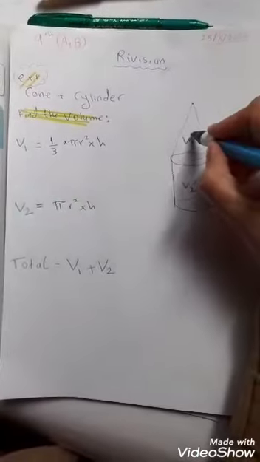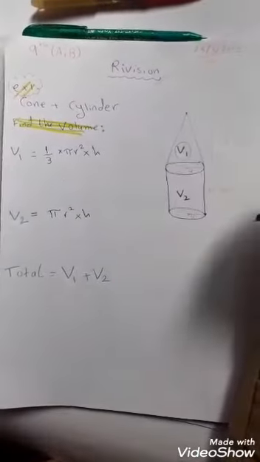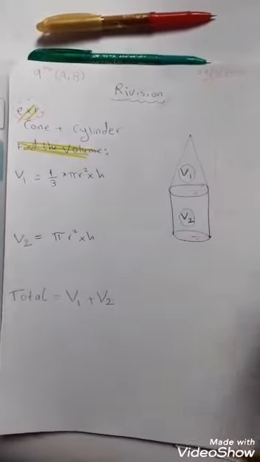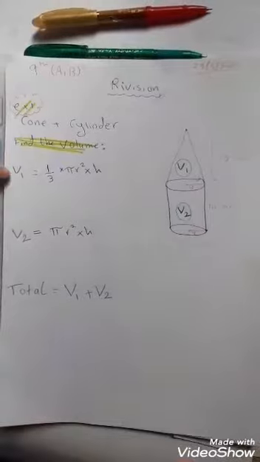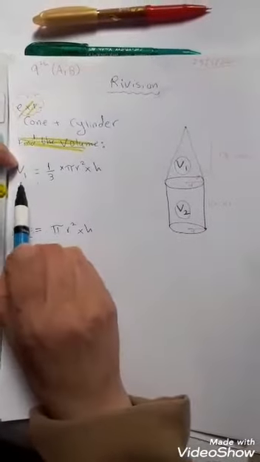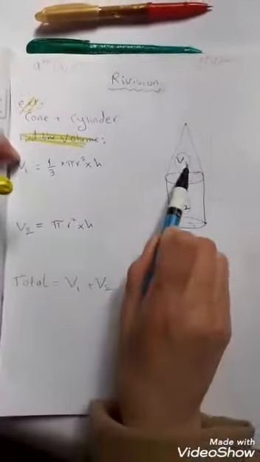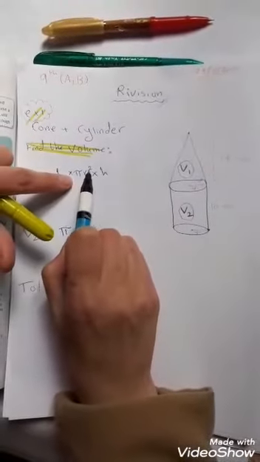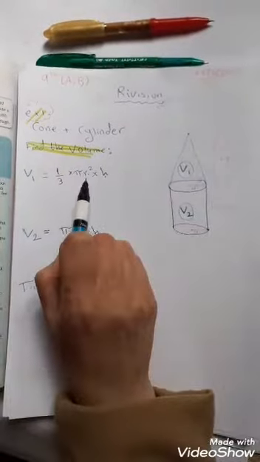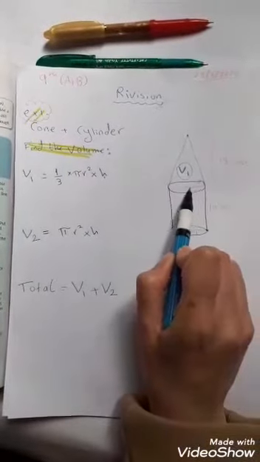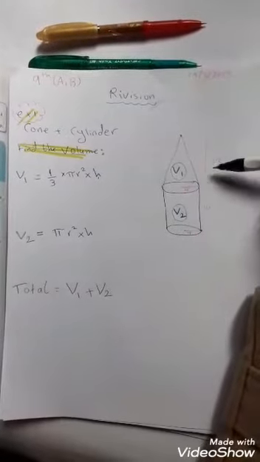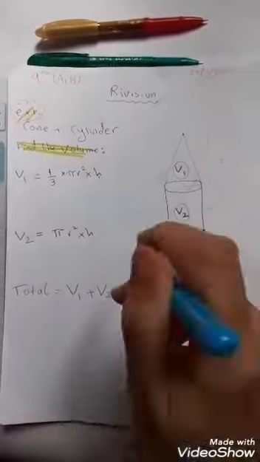Let's say V1 is the volume of the cone and V2 is the volume of the cylinder. The rule for the volume of a cone is 1/3 times pi r squared times the height. R is the radius, which is 4 here, and the perpendicular height of this cone is 13.